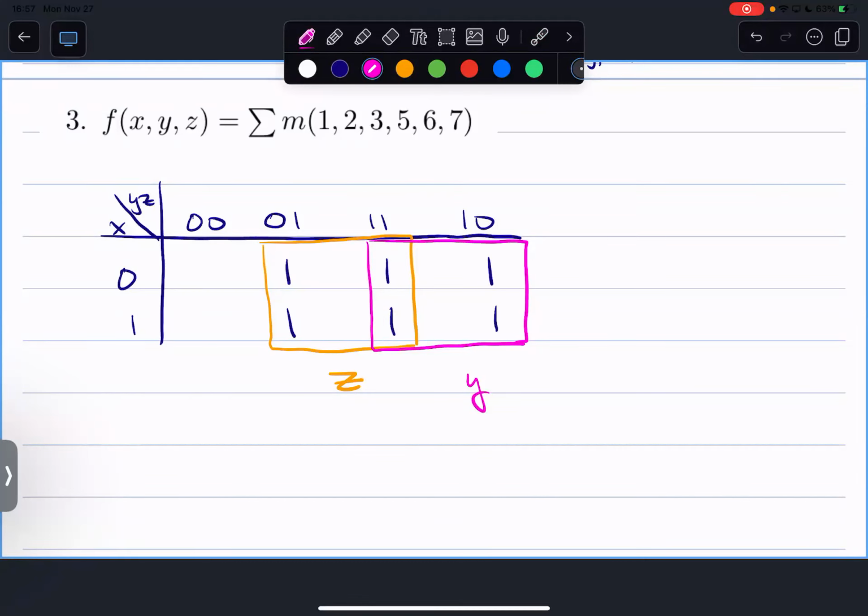right? Looking here, X is off, X is on, fine. Y is on, so that's steady. Z is on, Z is off, nah. So Y is on, summarizes the entire group.